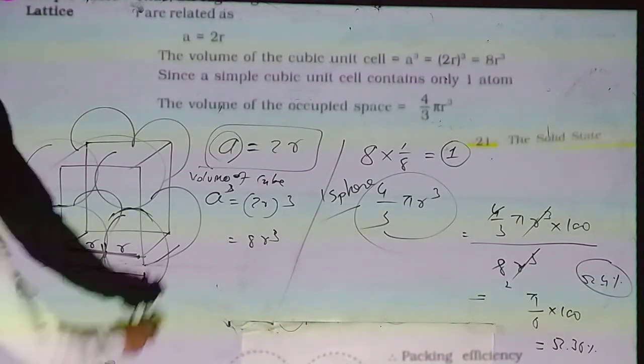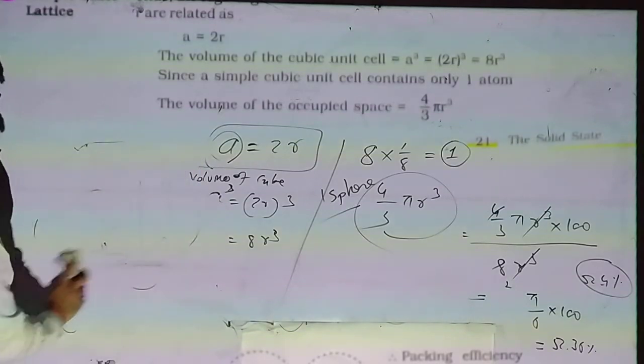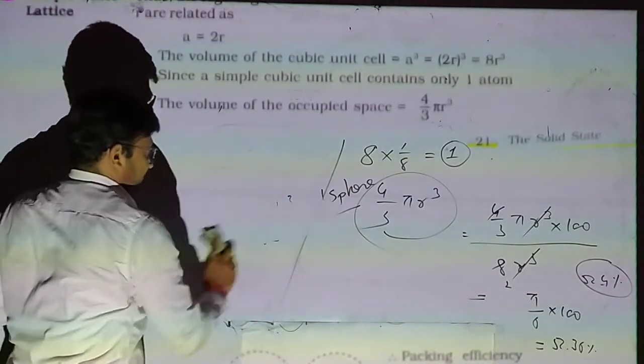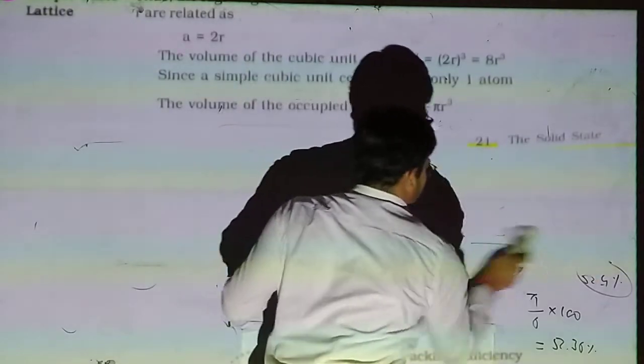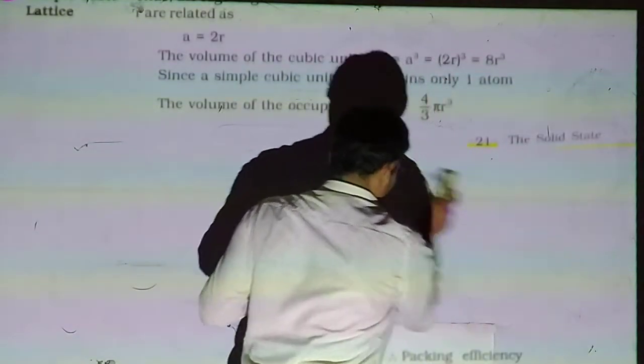So packing efficiency of the simple cubic unit cell is very low, and highest for FCC or CCP.